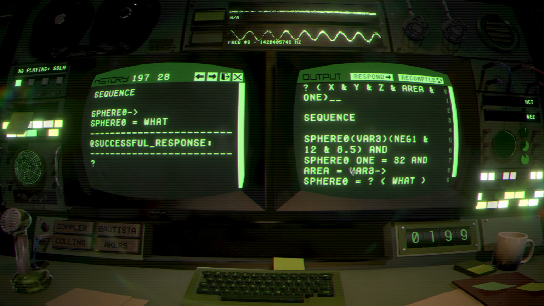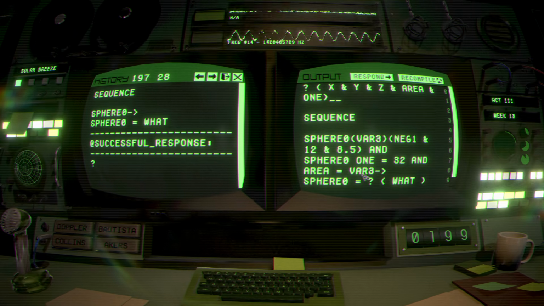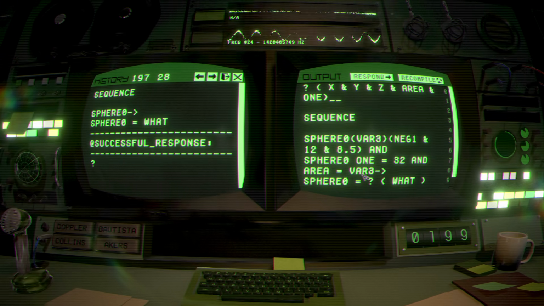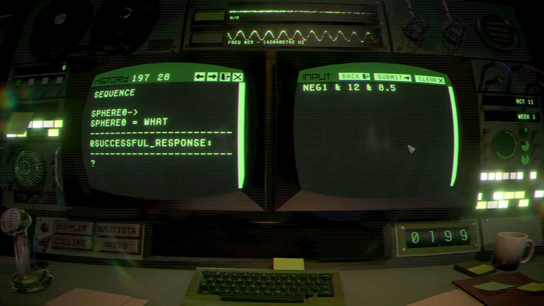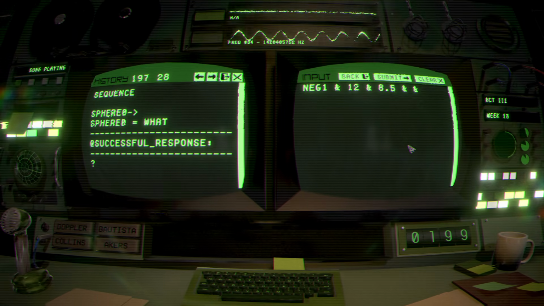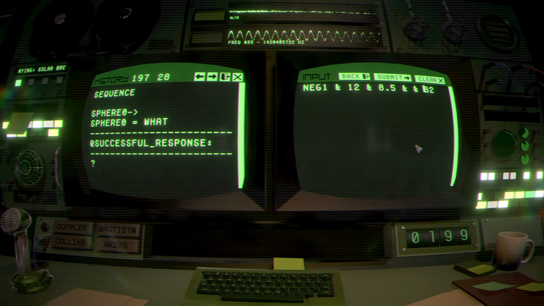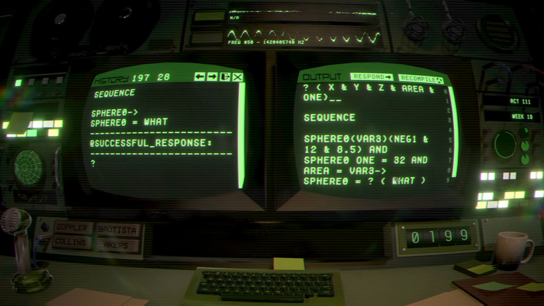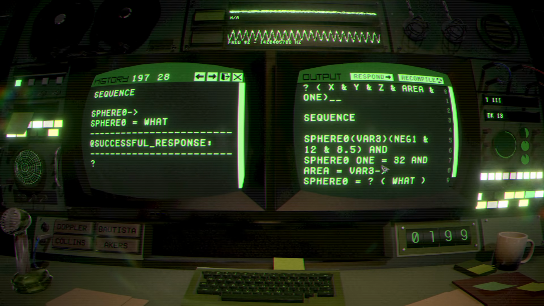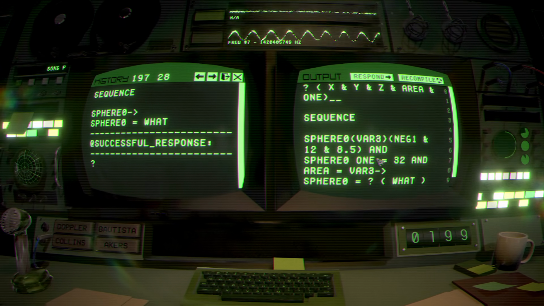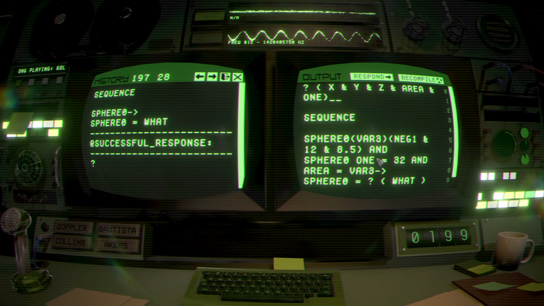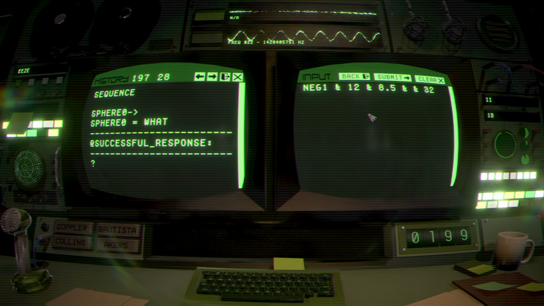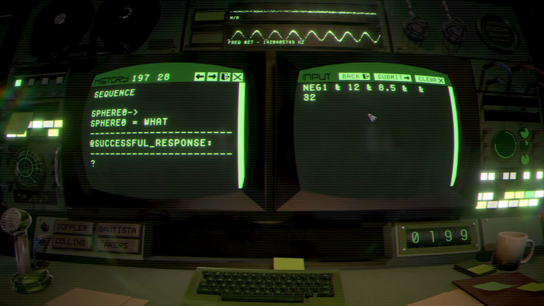The area equals variable 3, and something, and 32, because they already told us mystery 1 variable equals 32. Still have to name that variable. Guess this should be var 3 if we don't know. Var 3.